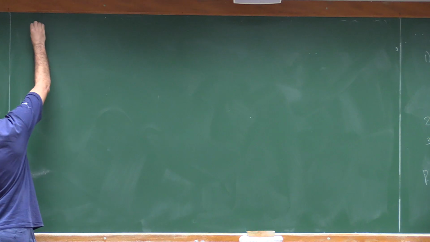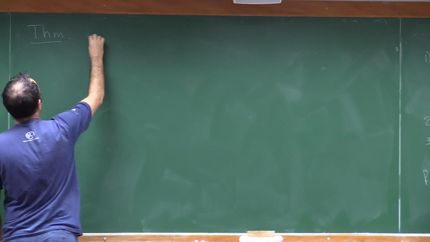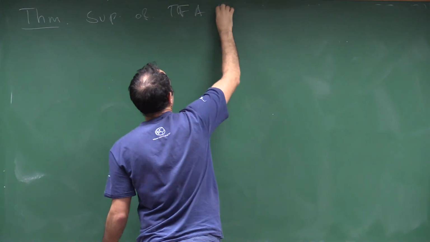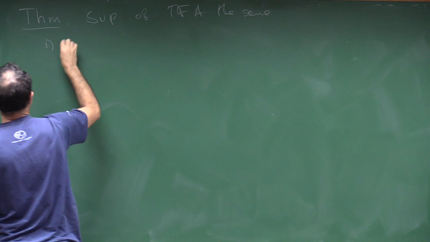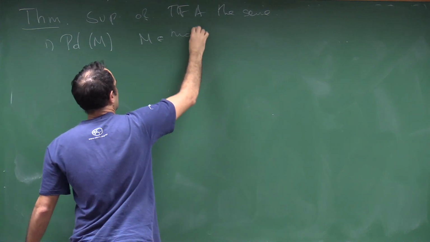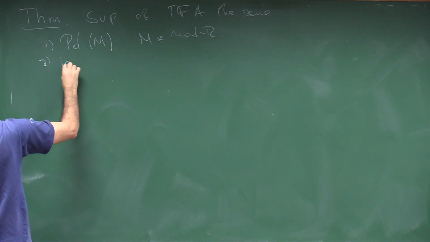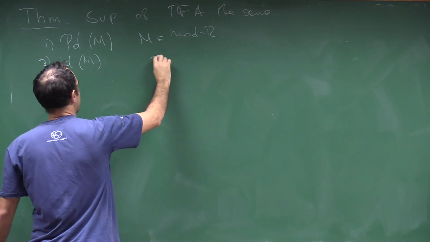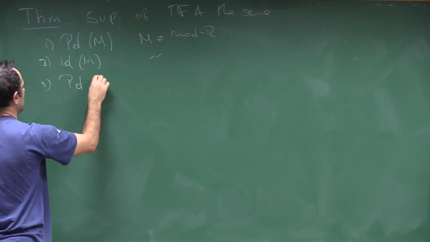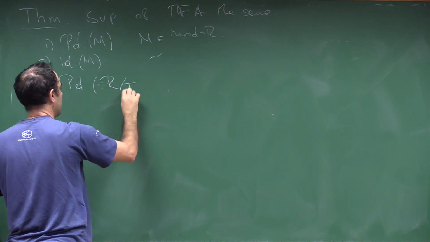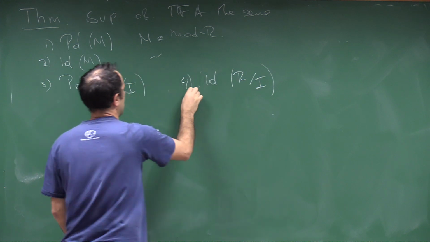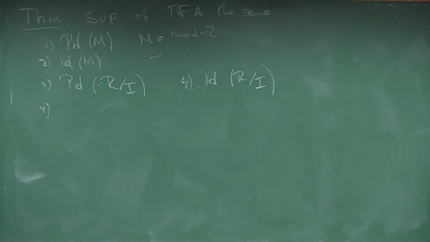Okay, so what I wanted to prove was this theorem, that the suprema of all of the following are the same: the projective dimension of a right module M, the injective dimension of a right module M, the projective dimension of R modulo an ideal, and the same thing for injective dimensions of R modulo an ideal, and for Ext.